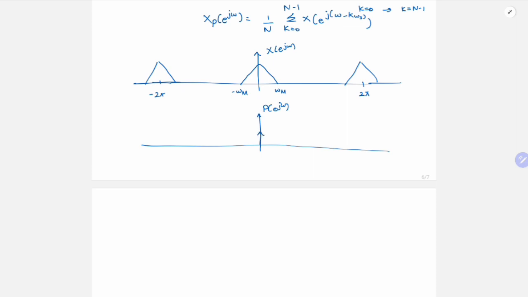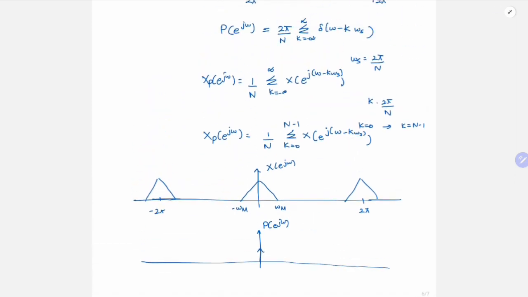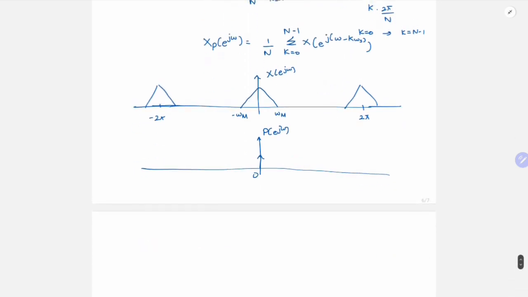So this will be repeated every omega s. So 0, omega s, 2 omega s, and then I will call it 2 pi. I can show something like this. So we can have many omega s's, depending on the ratio, right? Minus omega s, minus 2 omega s, minus 2 pi.